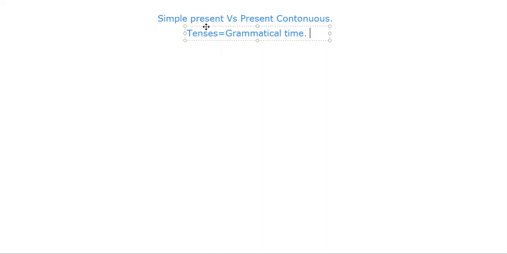A tense is what we use when we want to speak in different times: in the future, in the past, in the present. We have different tenses depending on the situation that we want to express, and we can express those tenses with different ideas.